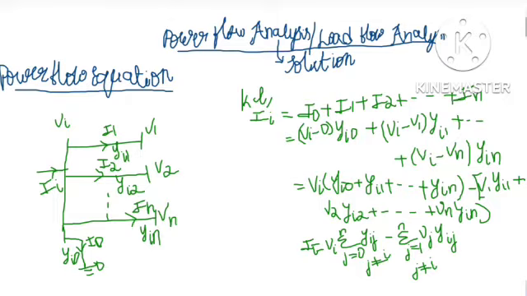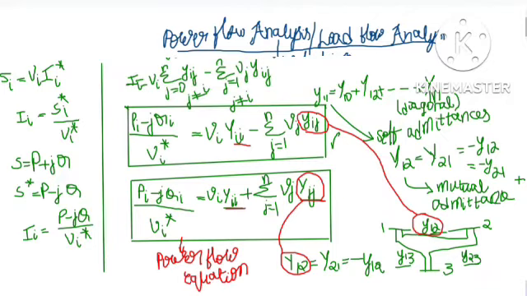Now we have derived the power flow equation. We know complex power Si is equal to Vi into Ii conjugate. Normally complex power is equal to V into I conjugate.